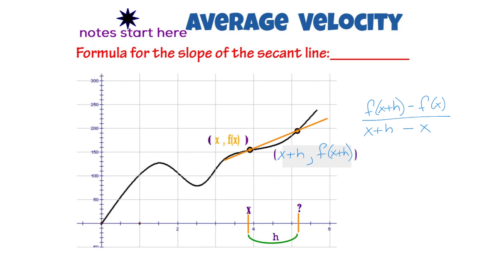And then I'm just going to kind of simplify it up. And you can see here that in the denominator, these two x's are going to cancel for me. The h is still going to be there. And this stuff up on top, it doesn't really reduce either. So my slope formula really is f of x plus h minus f of x all over h.